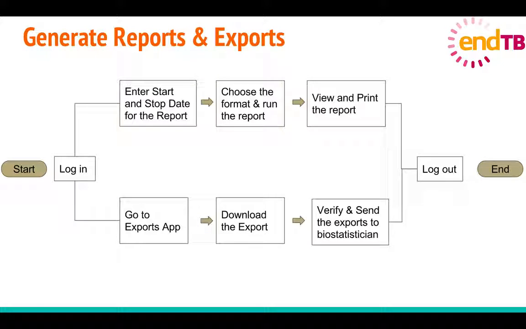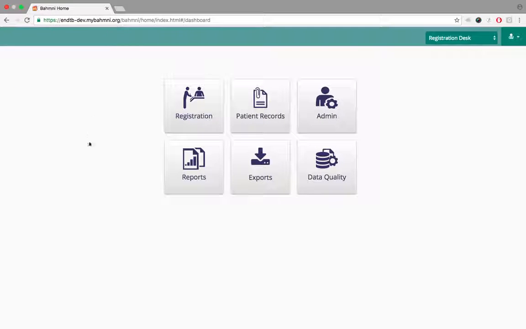He would review the report and then further print it or forward it to some concerned person. And in terms of exports, he would download the exports, verify if it is proper, and then he would further send it to a biostatistician. And then once he's done with this, he would log out of the system. So let's see how Garvine would do that.